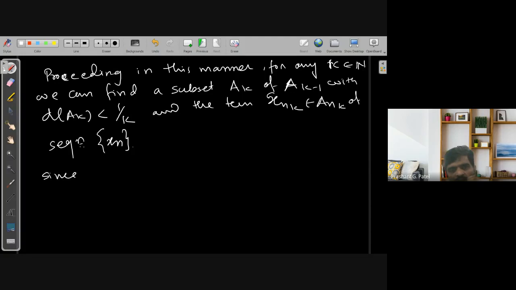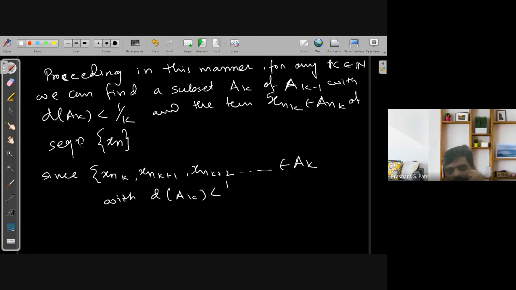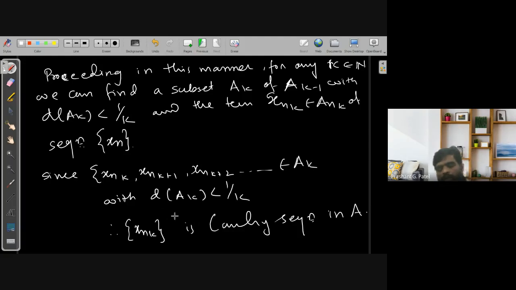Since x_{n_k}, x_{n_{k+1}}, x_{n_{k+2}}, all of them belong to A_k with the diameter of A_k less than 1/k, I can say that this x_{n_k} is a Cauchy sequence in A. So as I told you, this result is an if and only if.